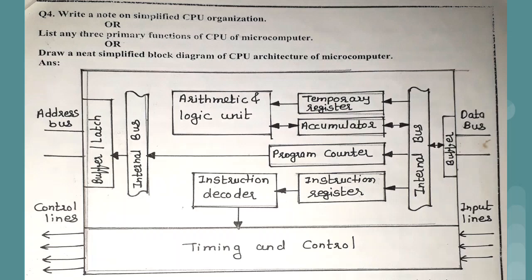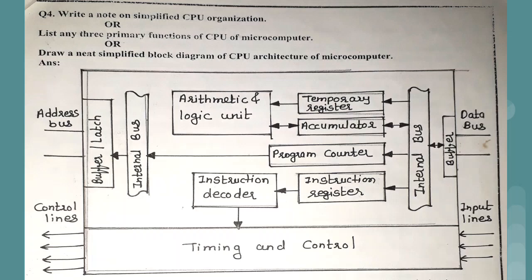Then buffer is connected to the internal bus. Internal bus is connected to total 4 components, that is temporal register, accumulator, program counter, instruction register. Then in this, temporal register and accumulator are connected to the arithmetic logic unit. Program counter is connected to the internal bus, and instruction register is connected to the instruction decoder.